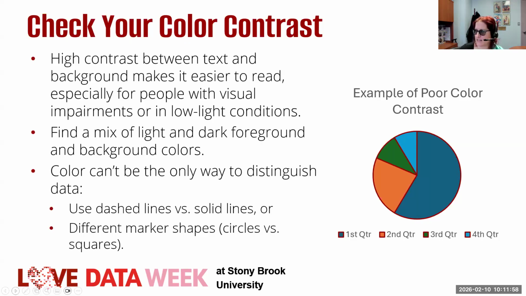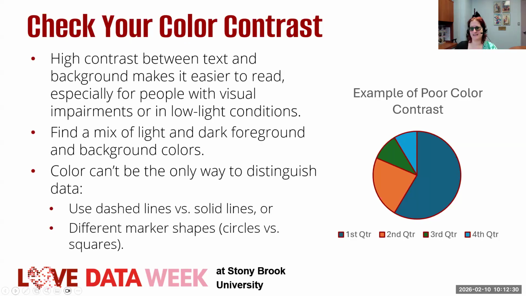On the right-hand side, I have an example of poor color contrast because all of my colors are super dark. If I have certain visual impairments where I can't tell between different shades, I may not be able to tell between the different colors to indicate what is the first quarter, the second, the third, the fourth, because they're all so dark and overlapping.